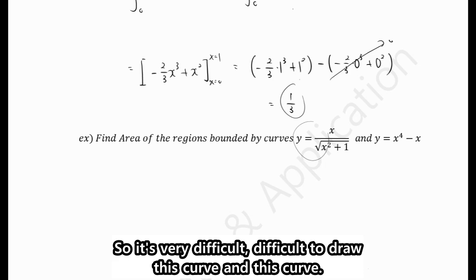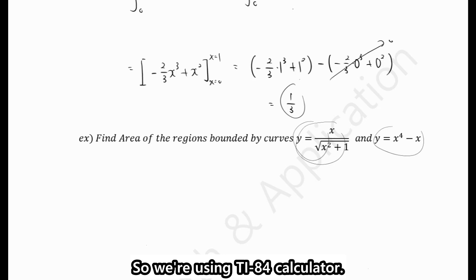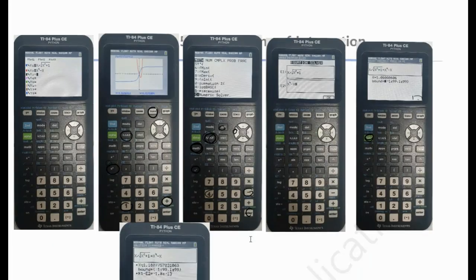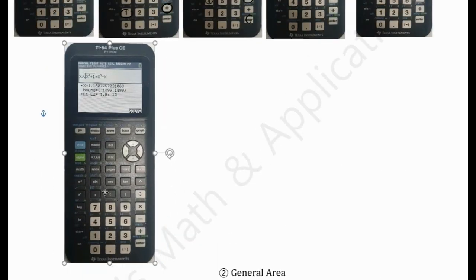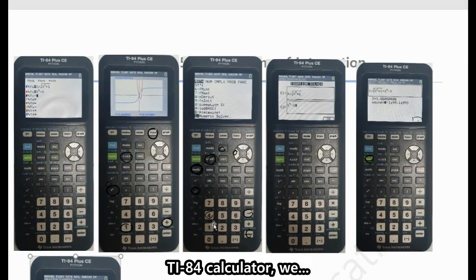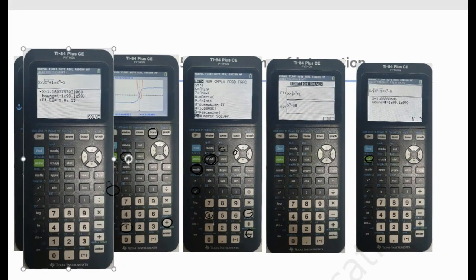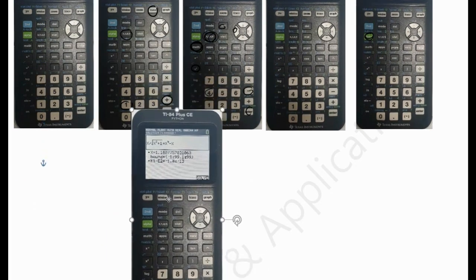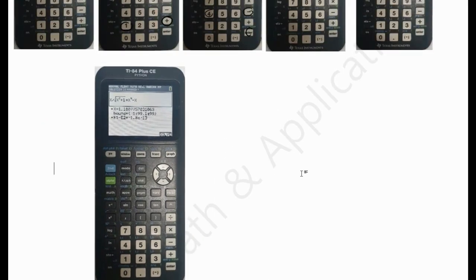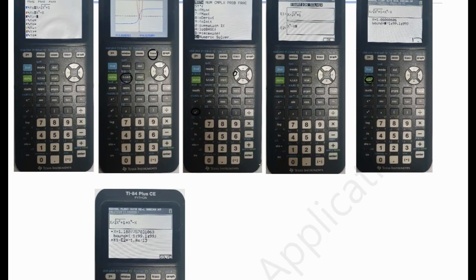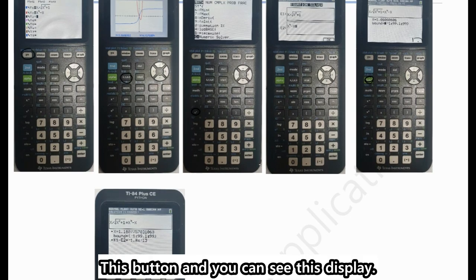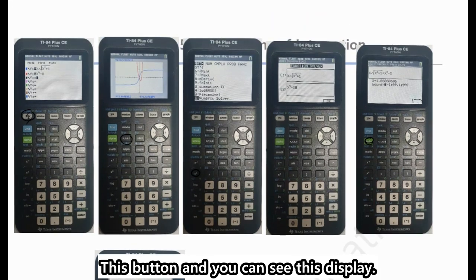It is very difficult to draw this curve and this curve, so we are using a TI-84 calculator. Firstly we input this button.